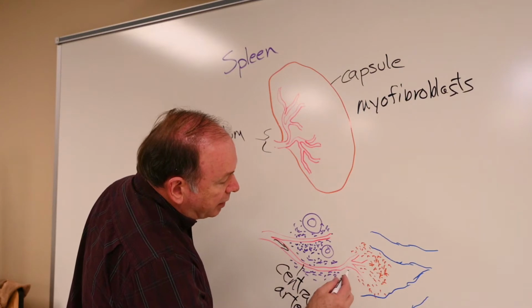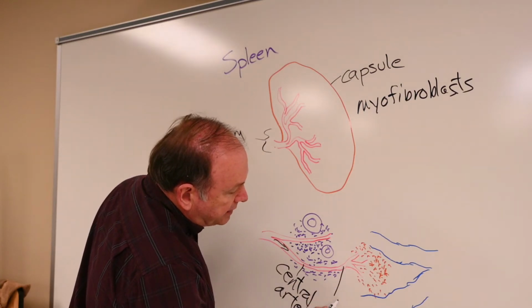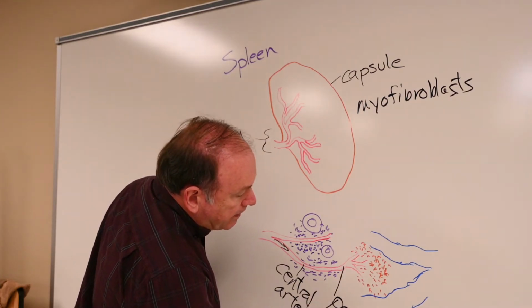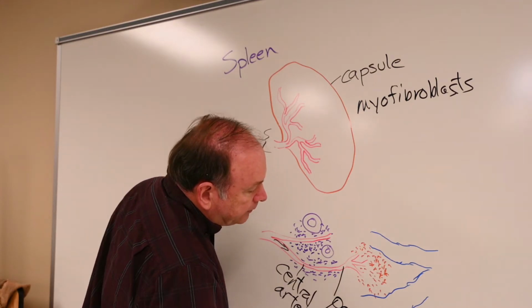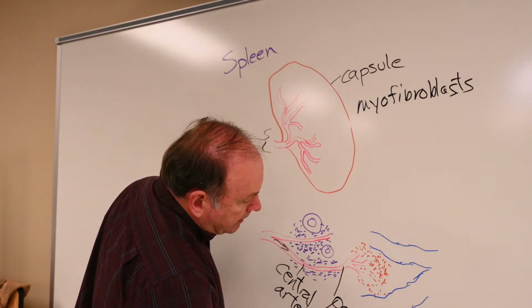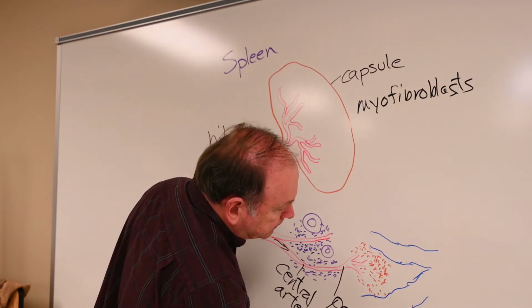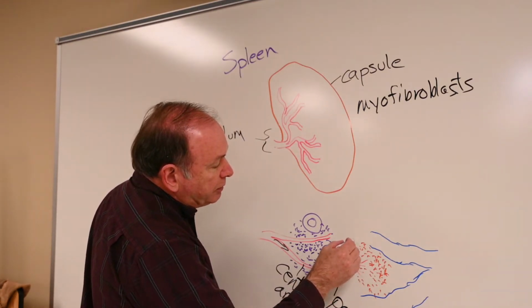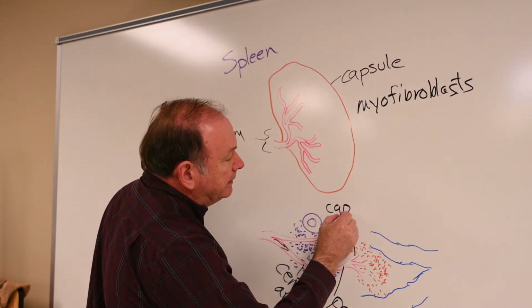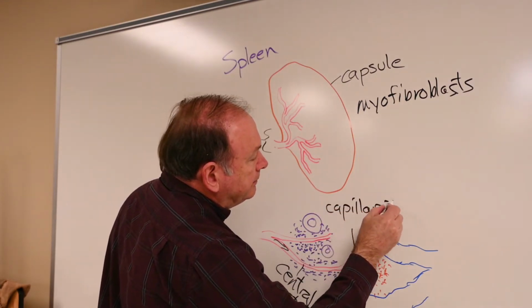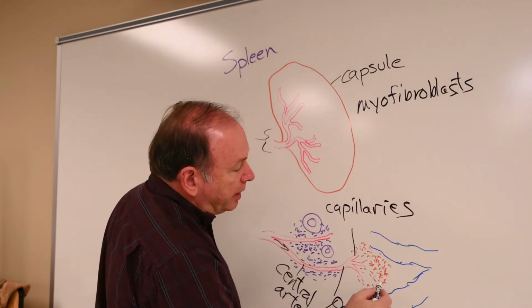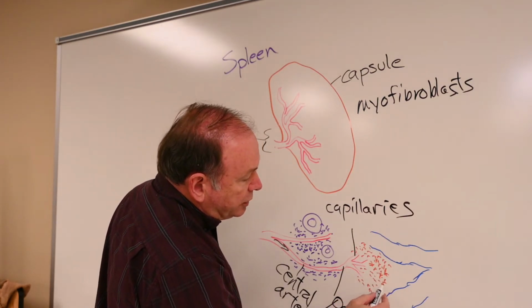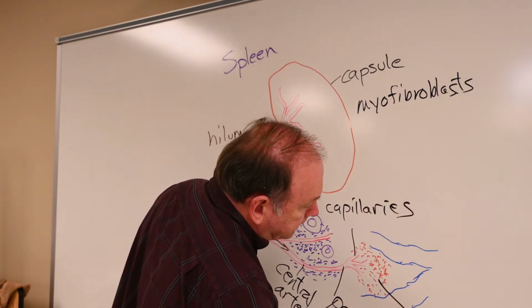They move into smaller vessels we call penicillar arteries, or arterioles, and they eventually feed into small capillaries that dump their blood into this region we call the splenic cord.